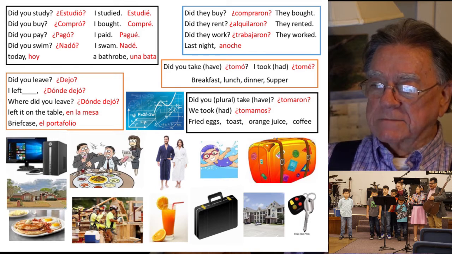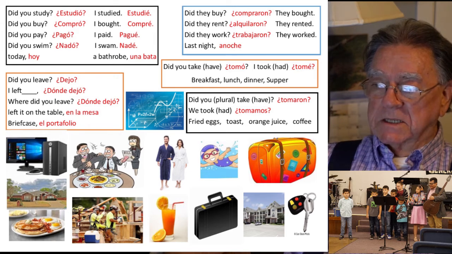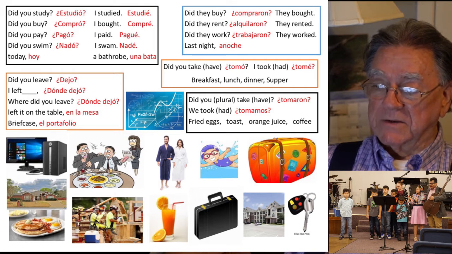And then, did you, plural, have orange juice? And then we answer, we had orange juice. And then breakfast, usually we have, did you have coffee? Plural, more than one.